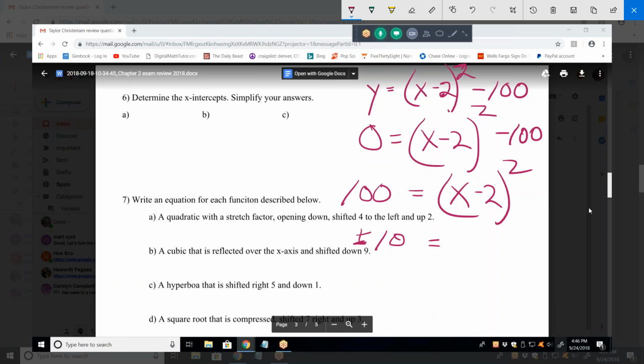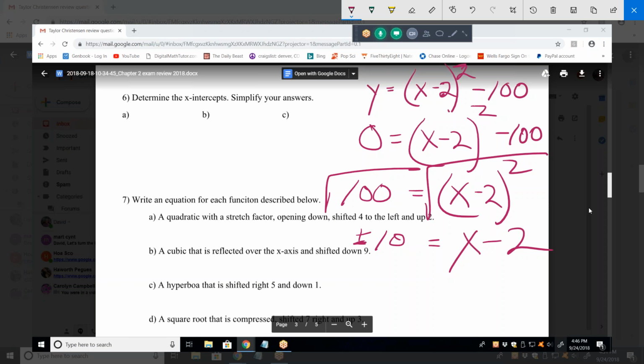We got to take the square root of the right side. If I take the square root of something being squared, the answer is that something. So it's x minus 2. In other words, I was squaring the quantity x minus 2, correct?